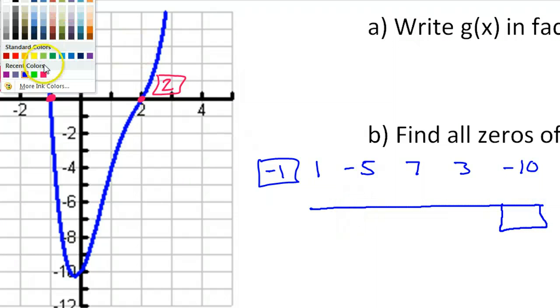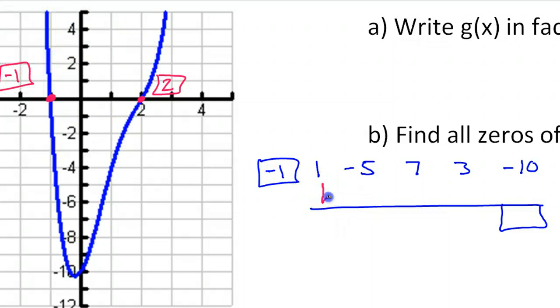Okay, so now I'm going to go ahead and divide. So I bring this down, multiply, I get -1. Add, -6. Multiply, I get +6. Add, I get 13. Multiply, I get -13.